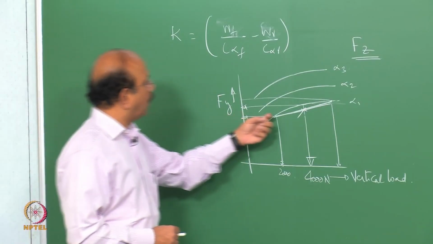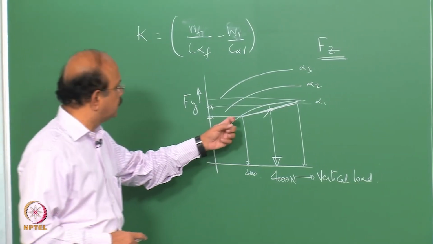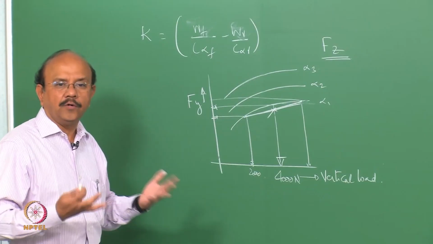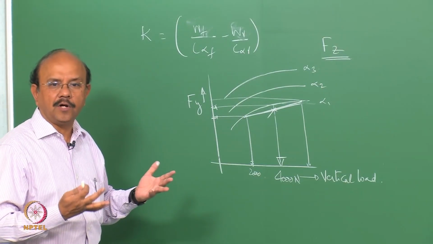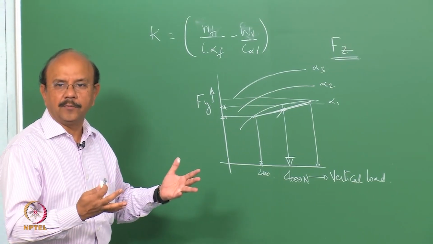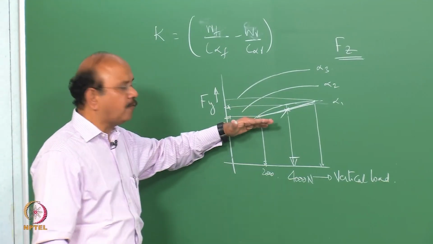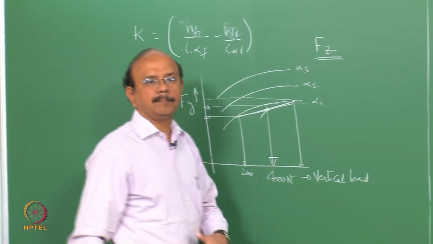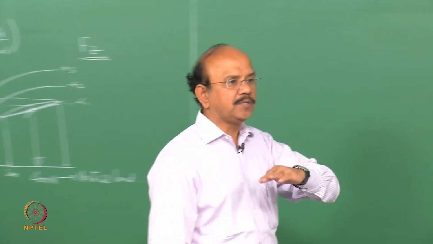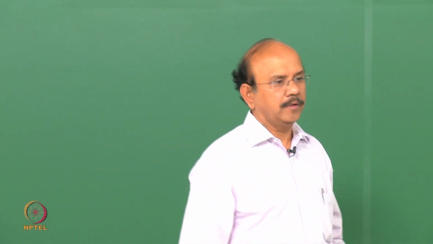So what will happen now, because of this, the Fy is not good enough to equilibrate centripetal acceleration. So the alpha that is produced has to shift up.